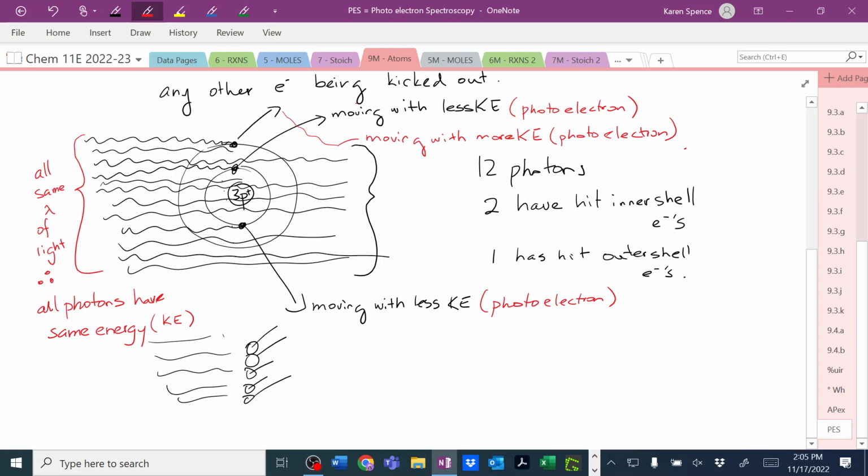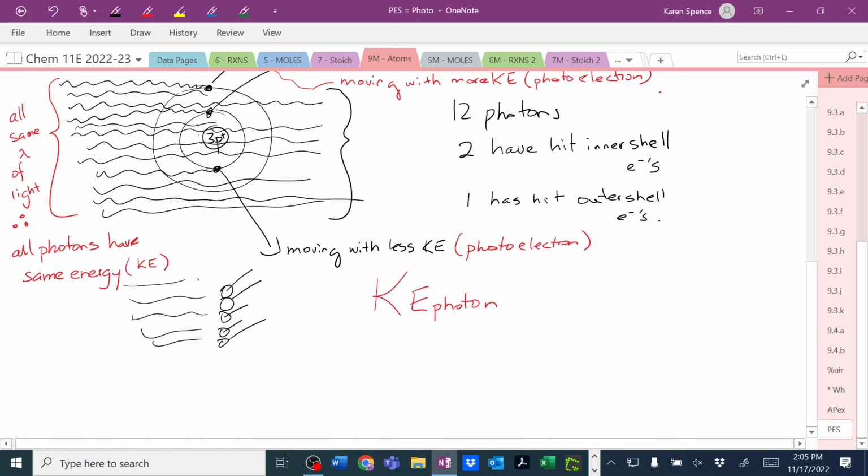So the photon has a kinetic energy. Now, part of the energy is used to rip off one of the electrons. What do we call that energy? The energy to remove the electron.